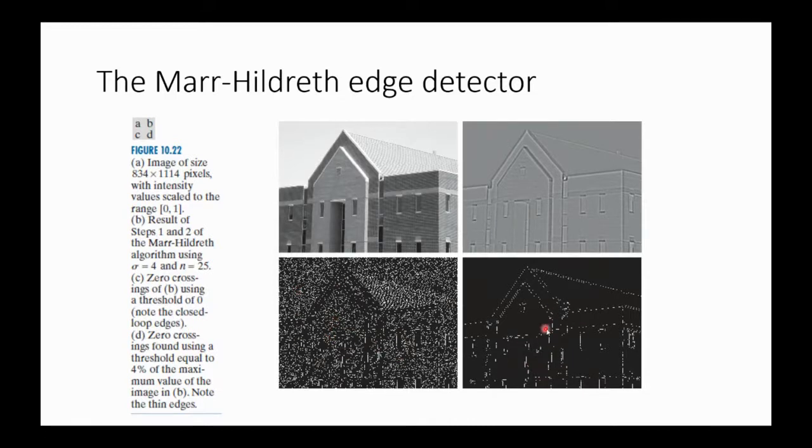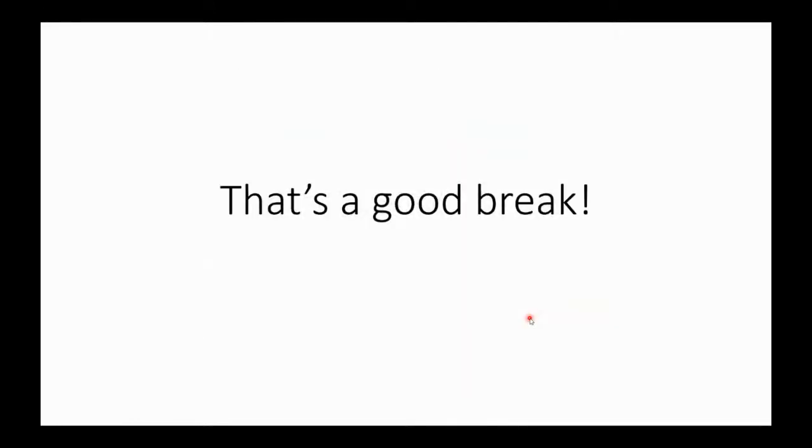These are the zero crossings, and this is the result of thresholding, with a threshold equal to 4% of the maximum value of the image in B. So that's quite a neat kind of segmentation. Of course, there are gaps, but if I want to reconstruct the exact case, I'll have to reconstruct the line equation for every section of this, and then I can just build the image again.